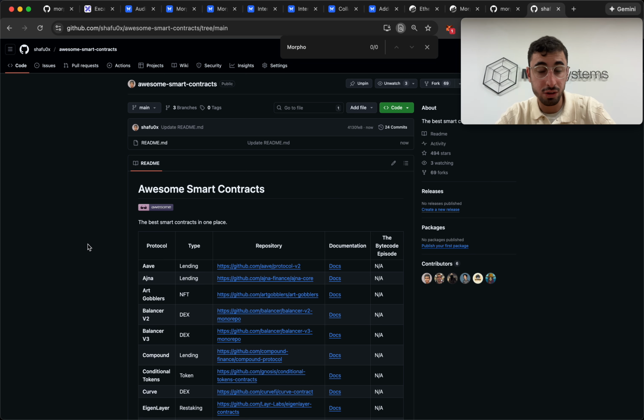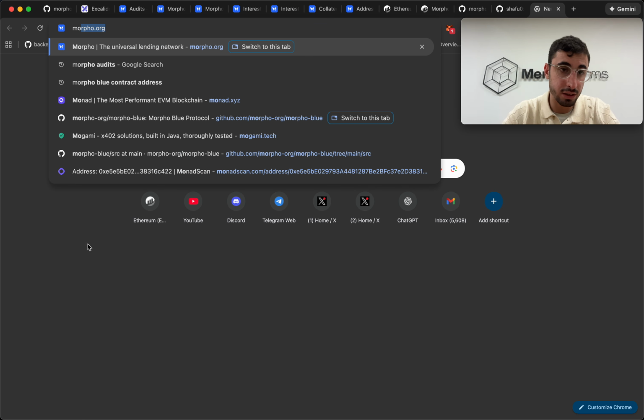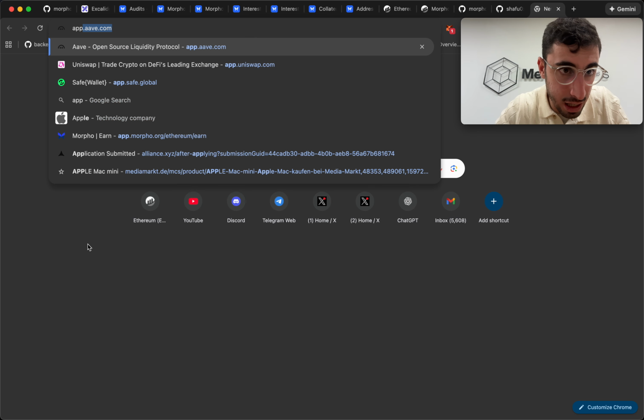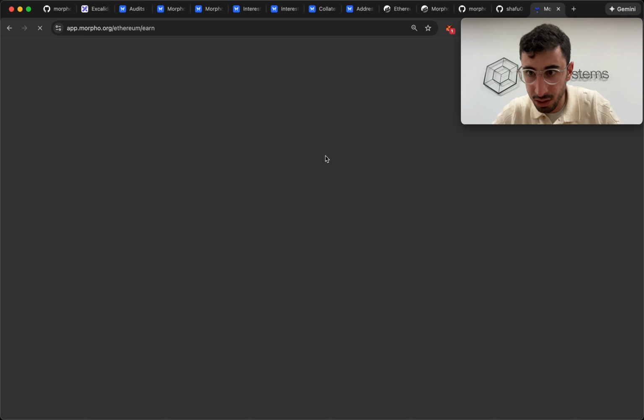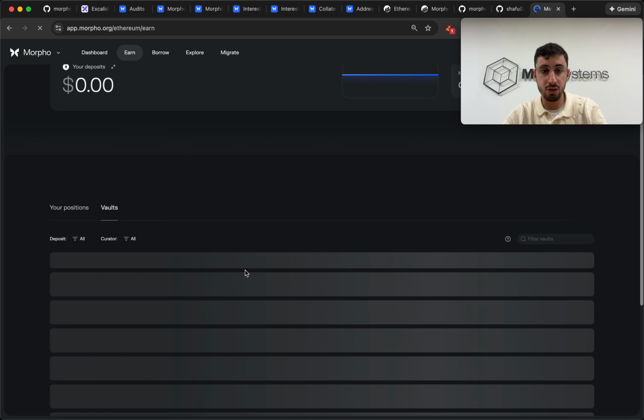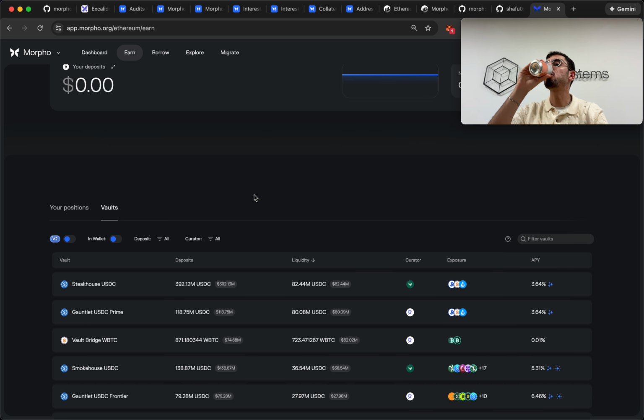Morpho Blue. What's great is you create an isolated market on top of Morpho, so you have a set of markets. If you look at the Morpho app, what you can see is you have these vaults. And the vault has a set of Morpho Blue lending markets.